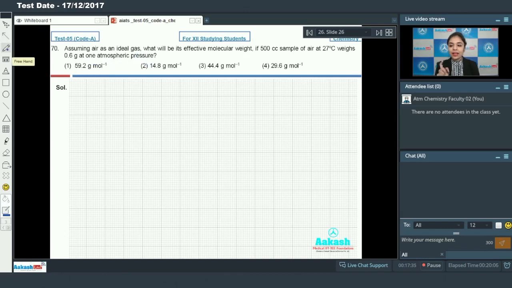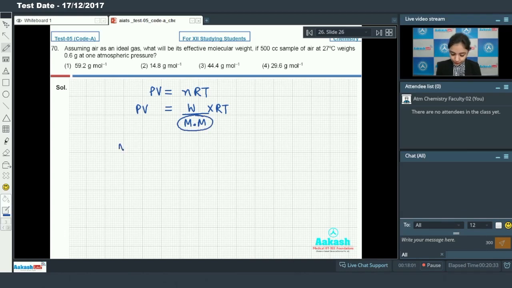First of all, write the ideal gas equation, that is PV is equal to nRT, and the number of moles we can write like this: weight divided by molar mass. And now you have to calculate the effective molecular weight. So it will be equal to weight into RT divided by PV.